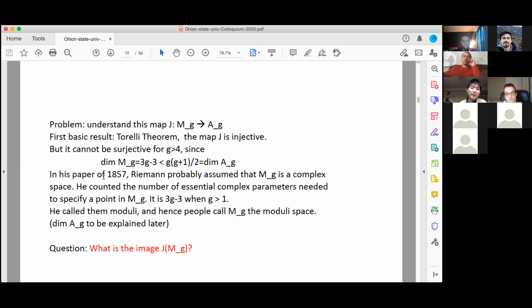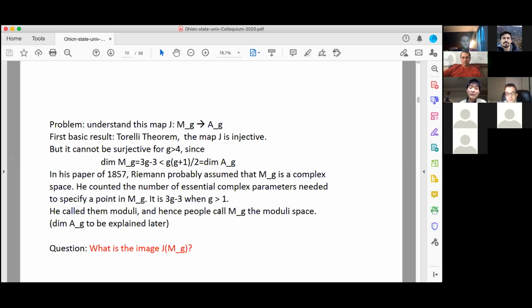In fact, in his paper of 1857, Riemann probably assumed that M_g is a complex space. Well, he did not say anything. He counted the number of essential complex parameters needed to specify a point in M_g, and this number is 3g minus 3 when the genus is bigger than 1. He called these numbers moduli.